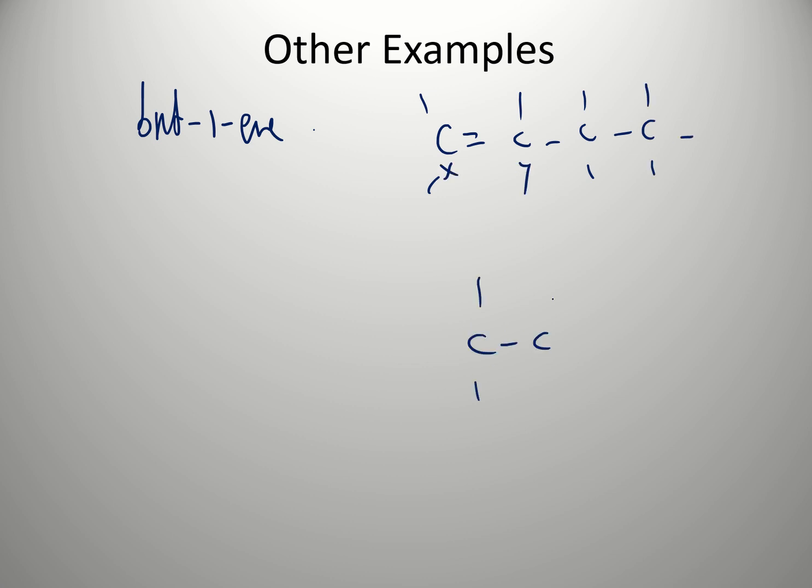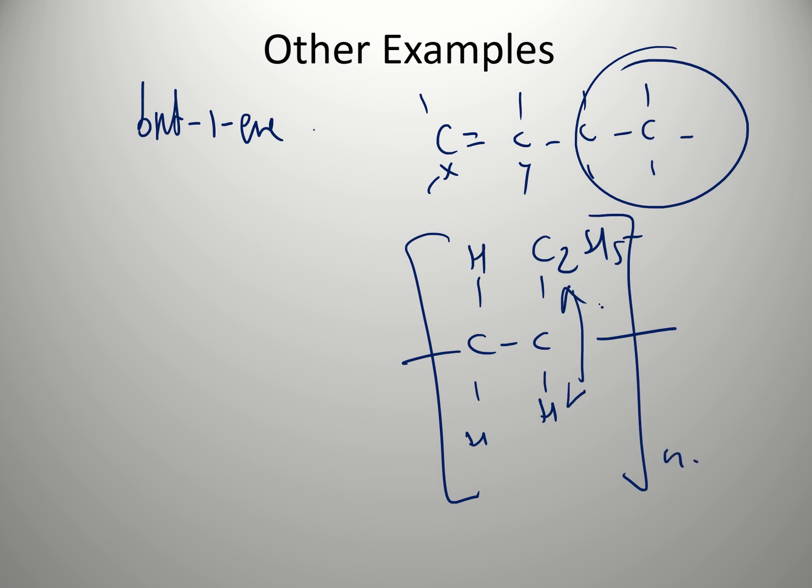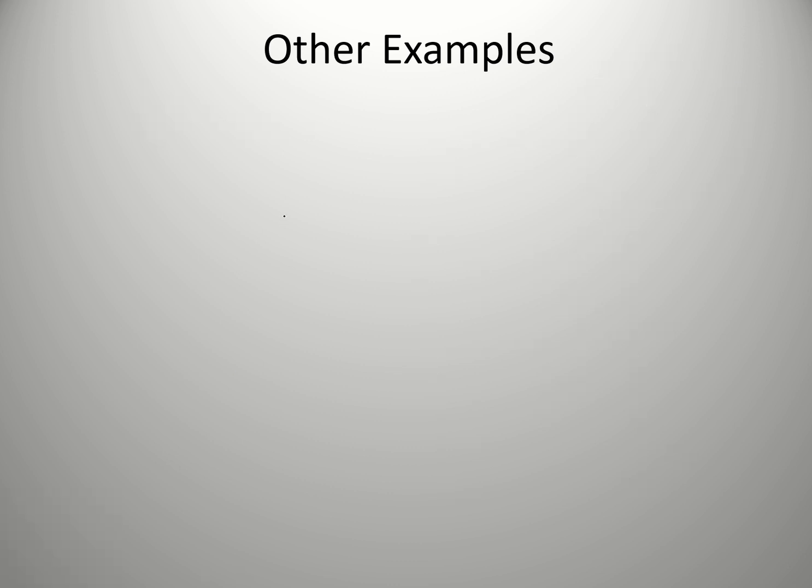So your but-1-ene this time would be C2H5, which is that group that I have there. Hydrogen, hydrogen, hydrogen, square brackets. It doesn't matter whether the C2H5 is up there or down there. So that would be but-1-ene as opposed to but-2-ene on the last one.